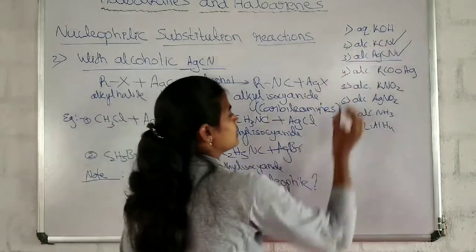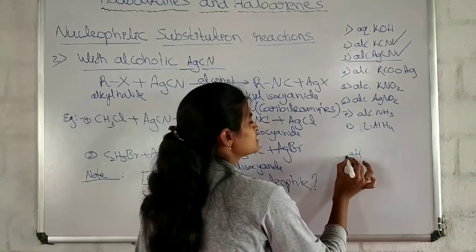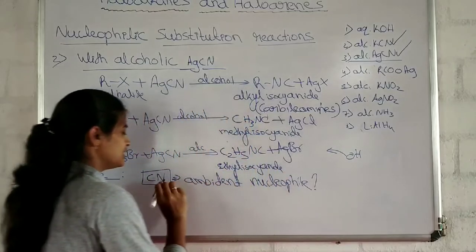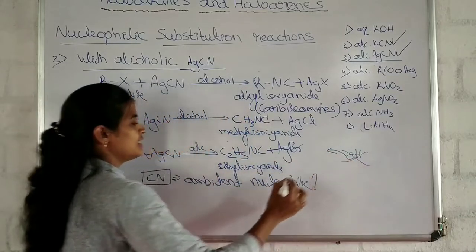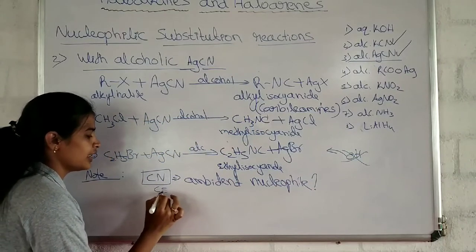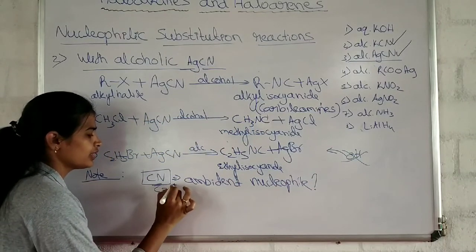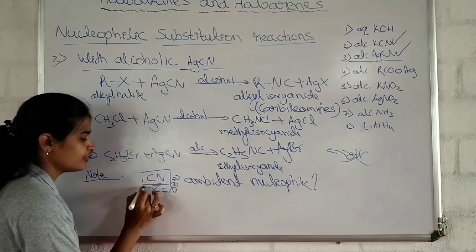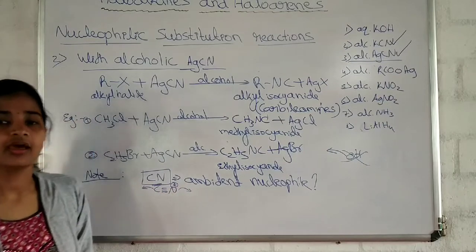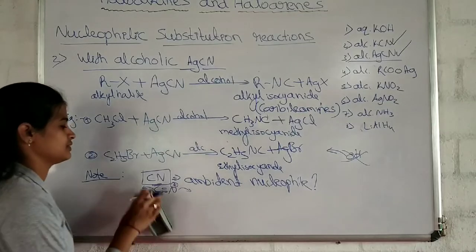In the case of OH minus, it can attack only through O, therefore it is not an ambident nucleophile. But here, C triple bond N can attack either from the carbon atom or from the nitrogen atom because of its resonance structures.